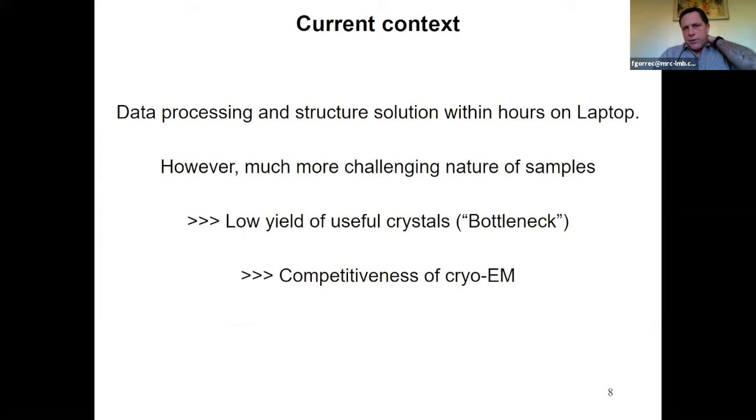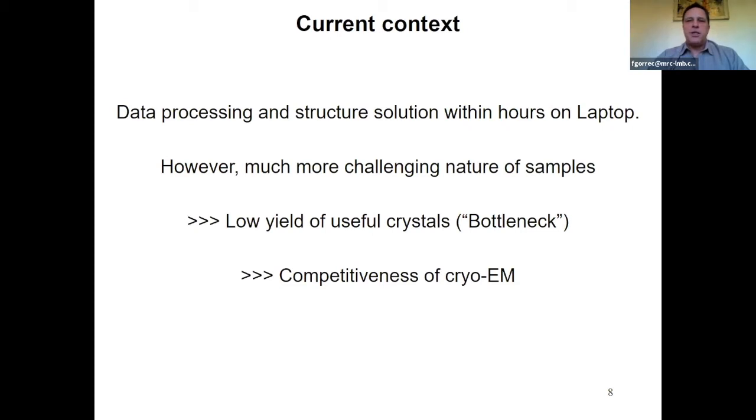So the current context is different. Data processing and structure solution is done within hours on a laptop. So we don't have the same problems as in the past. But the more structures we solve, the more we work on protein samples, the more we end up with some that are difficult to crystallize. So the nature of the samples is increasingly challenging.